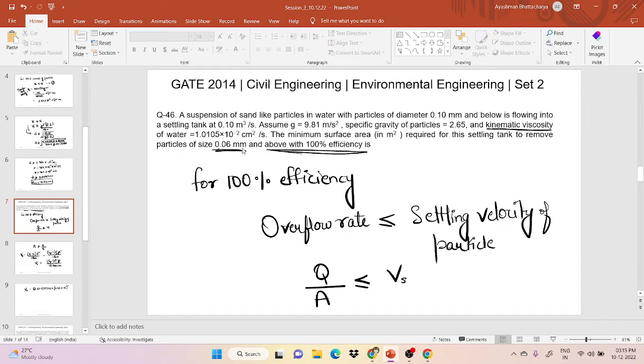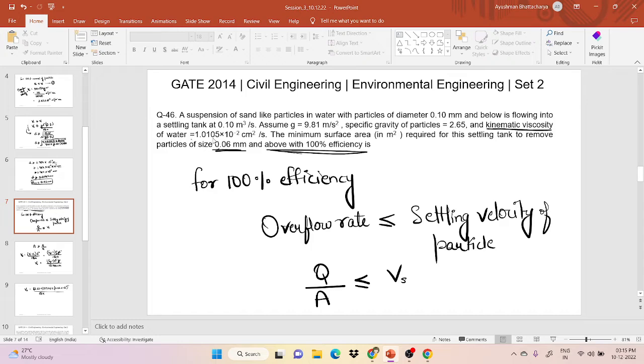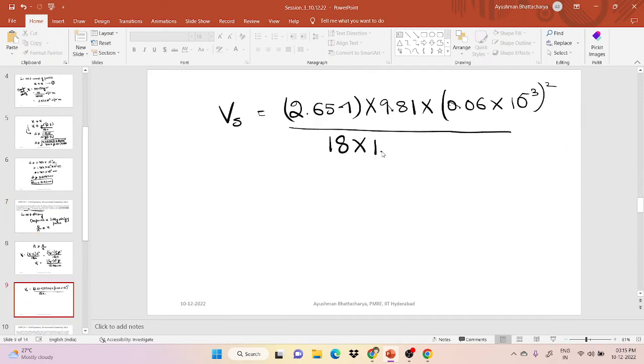Since it is given in mm, we converted it into meters. So I wrote 0.06 into 10 to the minus 3 whole square, divided by 18 into the kinematic viscosity, which they have given as 1.0105 into 10 to the minus 2 centimeter square per second. I converted it into meter square, so 1.0105 into 10 raised to the power minus 6 meter square per second, and this gives meters per second.